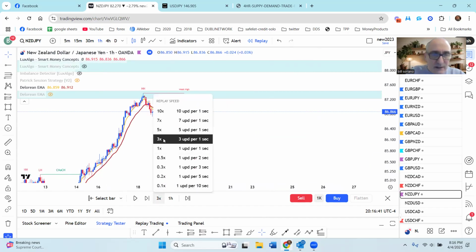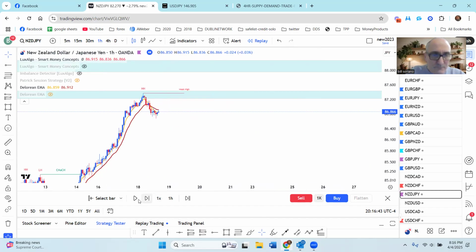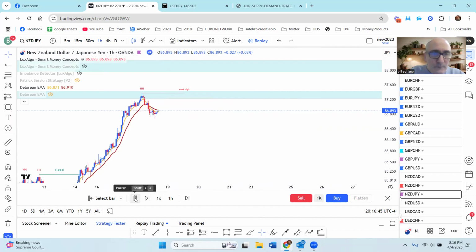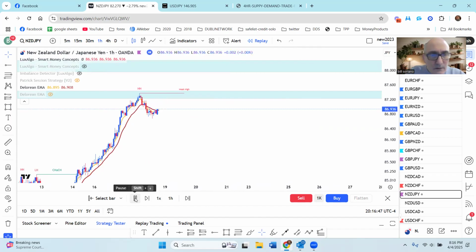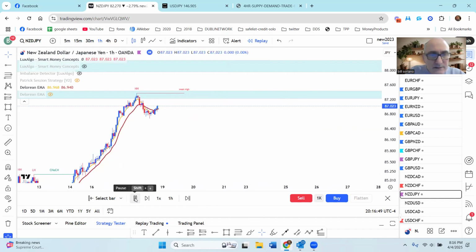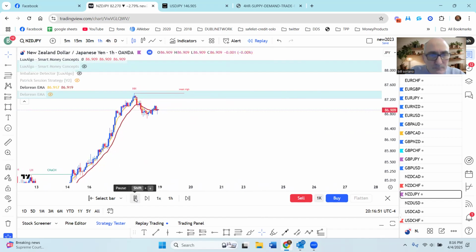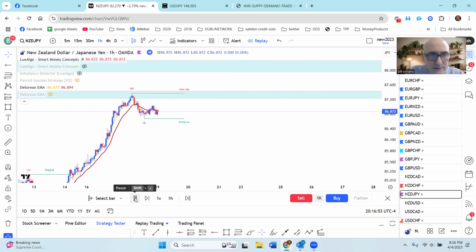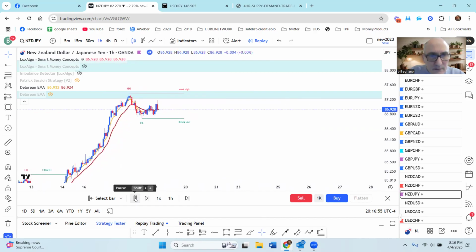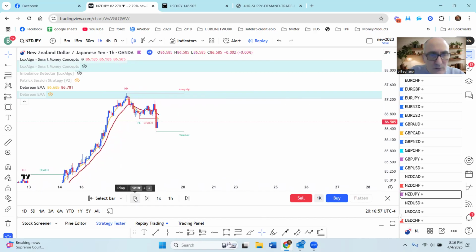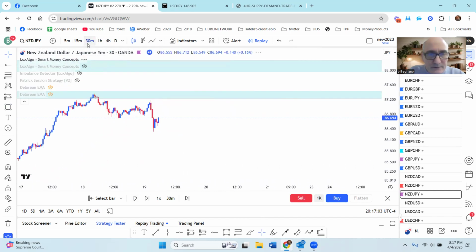Let's slow this down. So you can see how price moves up, and then it moves lower right there. Okay, so now we're going to drop back down to the 30-minute.